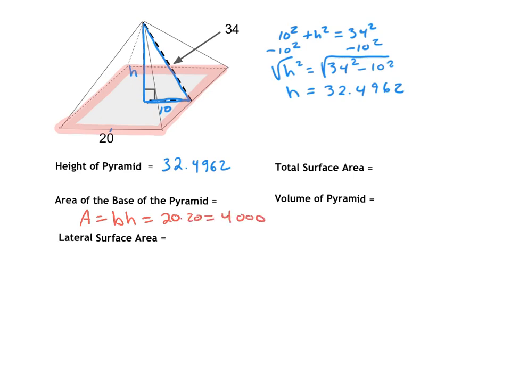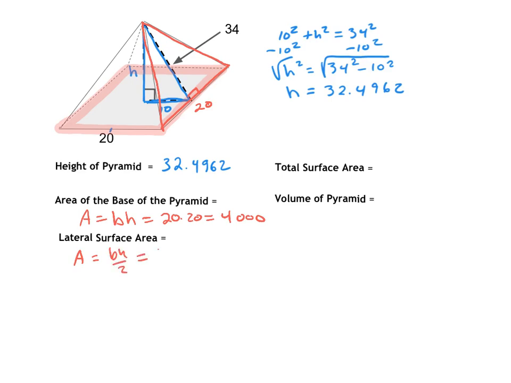To find the lateral surface area, what I need to do is find the area of all of the triangles that make up the pyramid. Well, we know the slant height, which is the height of the triangle, and we know the length of the base, which is the base of the triangle. So the area of a triangle is base times height divided by 2.